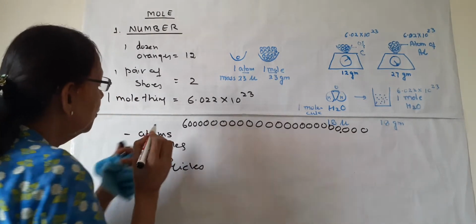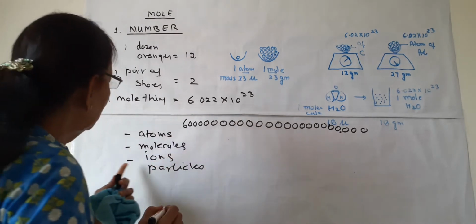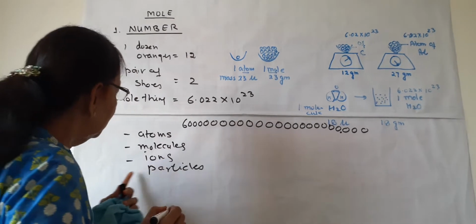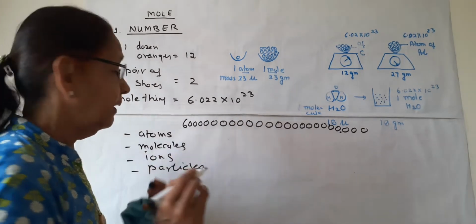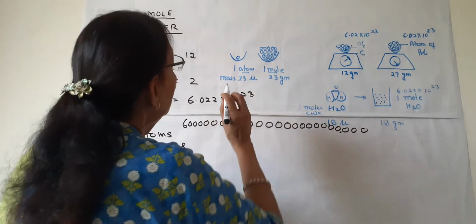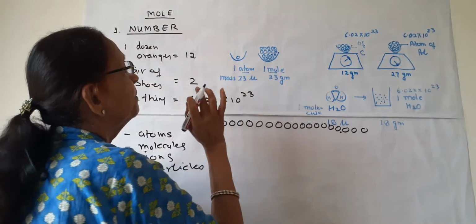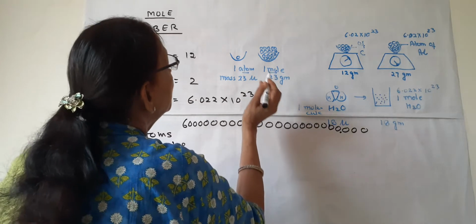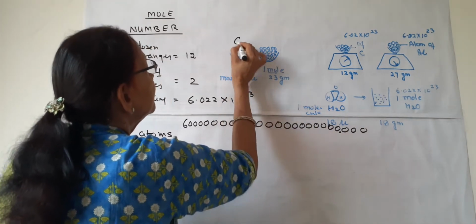So 1 mole of atoms can be there, 1 mole of molecules can be there, 1 mole of ions can be there, and 1 mole of other particles can be there. So here I have shown, in a dish, 1 atom of anything, suppose 1 atom of carbon.